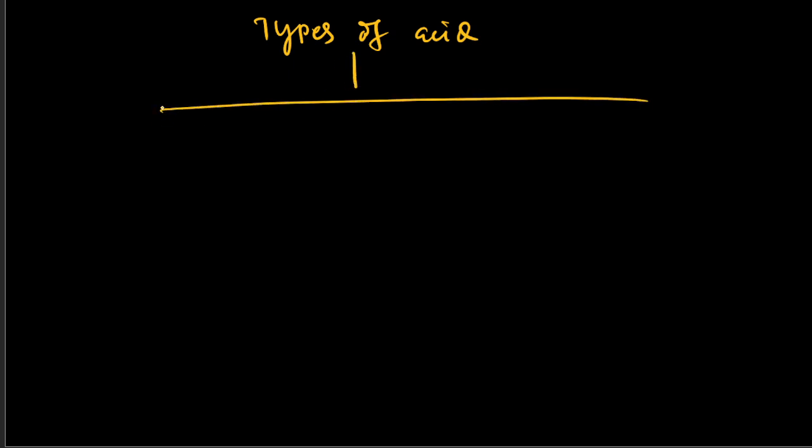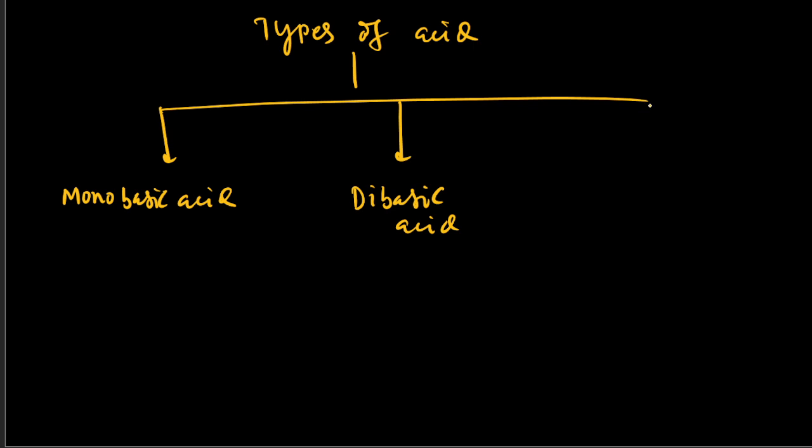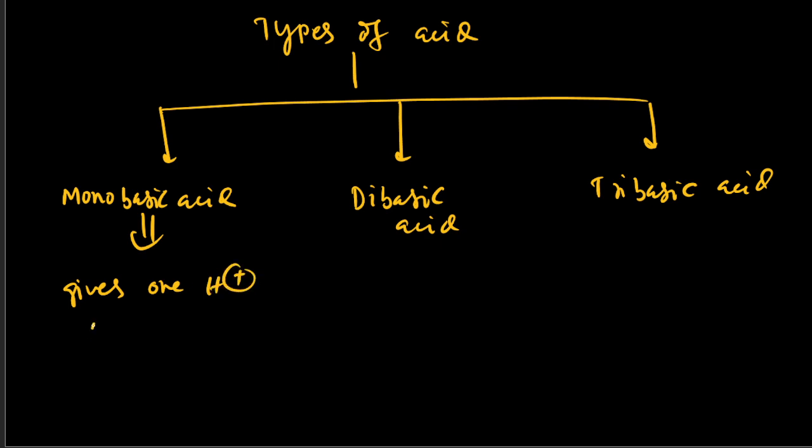So these can be monobasic acids, another can be dibasic acids, another is tribasic acids. Monobasic acid means it gives 1 H plus per molecule.